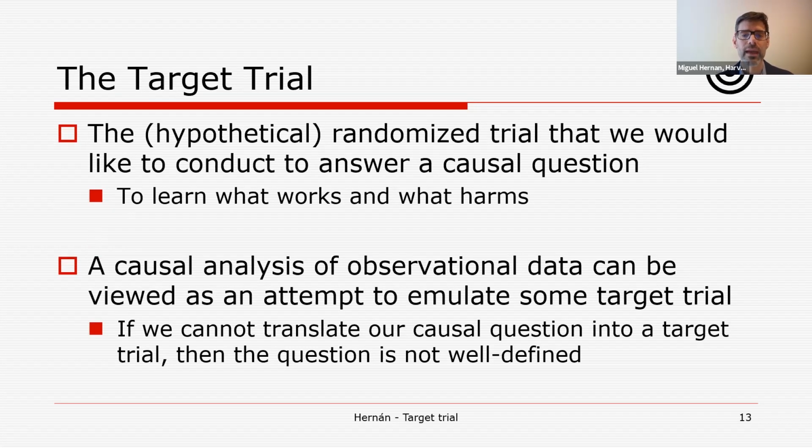The target trial is the hypothetical randomized trial that we would like to conduct to answer our causal question, to learn what works. So we can think of causal inference from observational data as an attempt to emulate some target trial that we have in mind. And we can take this analogy further. If we are doing an analysis of observational data and we cannot articulate what the target trial is, then probably we don't know what we're doing.